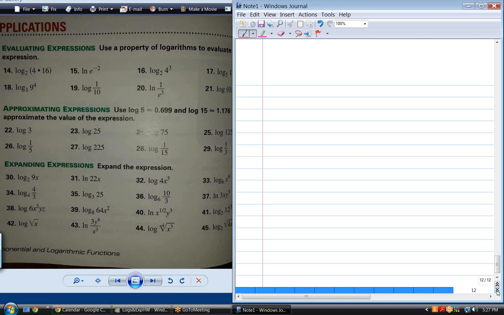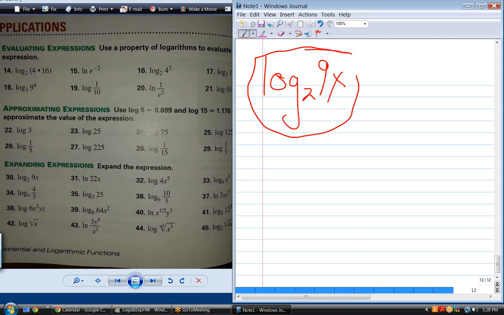How'd you get that? Oh, well, first of all, let's see what we're looking at here. That's the log of A times B. And notice that we're working in the expand expression area. So we want to use the multiplication, division, and things like that to turn this into two log expressions.